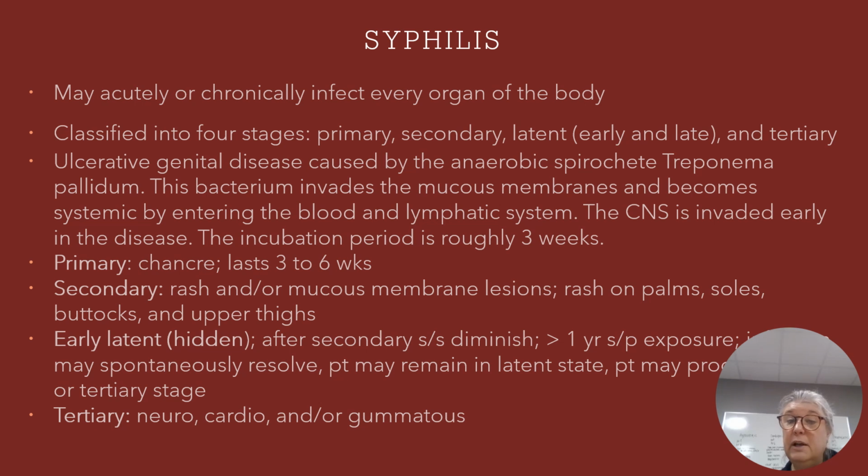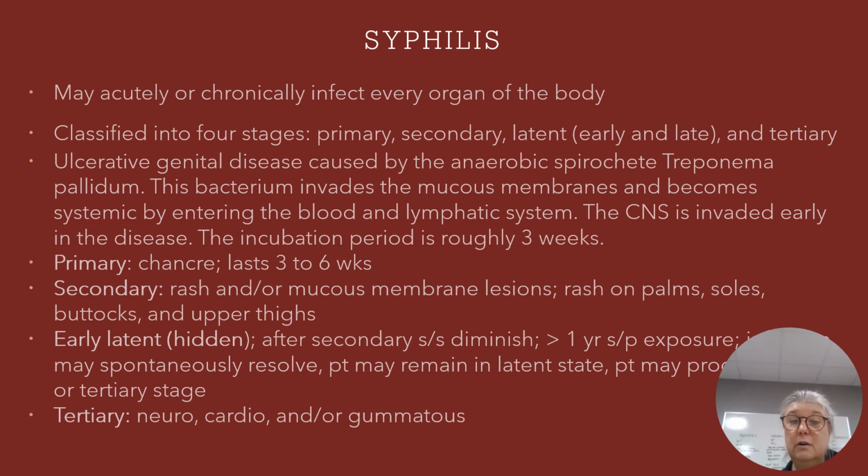So at this point, you can spontaneously resolve the infection, so your immune system wins. You can remain latent, or you can progress to late or tertiary syphilis, all right? There are 3 types of tertiary syphilis: neurosyphilis, cardiovascular, and gummatous. Gummatous is skin and subcutaneous tissues, all right?